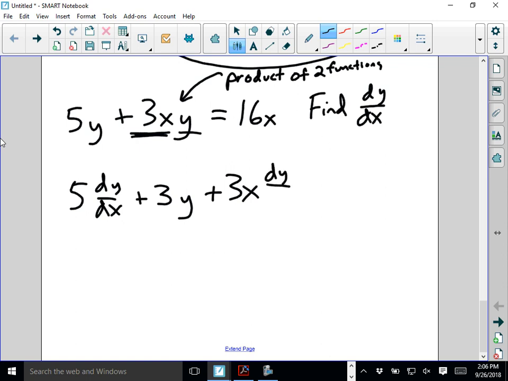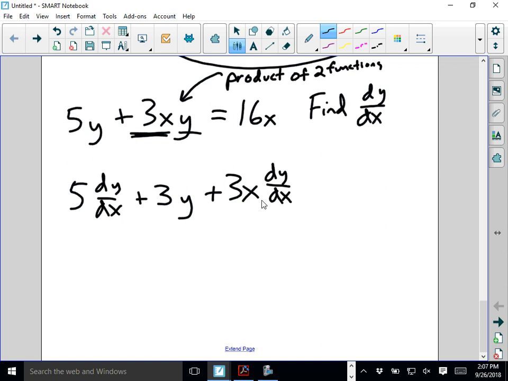I chose not to put that 1 in there, so it doesn't get confusing. So right here I have the derivative of the first, 3, times the second, y, plus the first, 3x, times the derivative of the second, dy/dx.